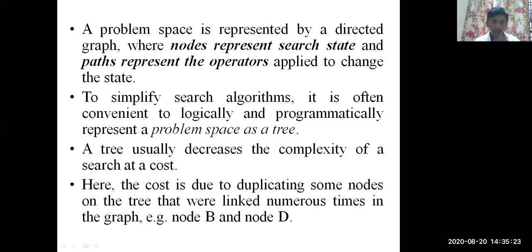To simplify such algorithms, it is often convenient to logically and programmatically represent the problem space as a tree. Whenever you apply your logical and programming abilities to your problem, you need to think about the possibilities in increasing and decreasing manner.